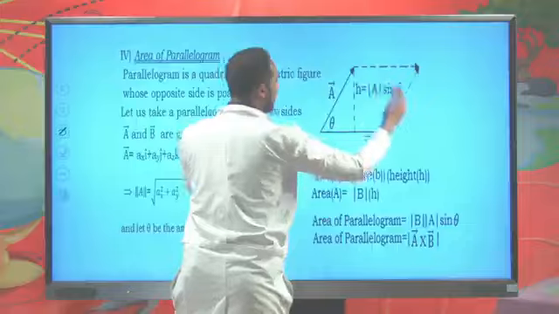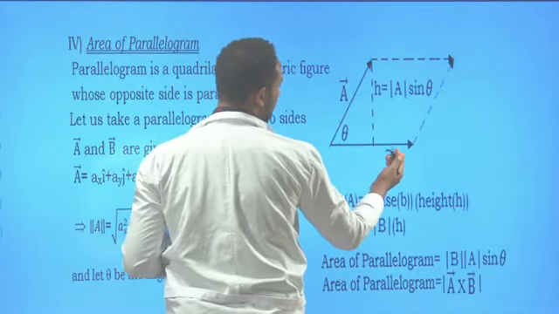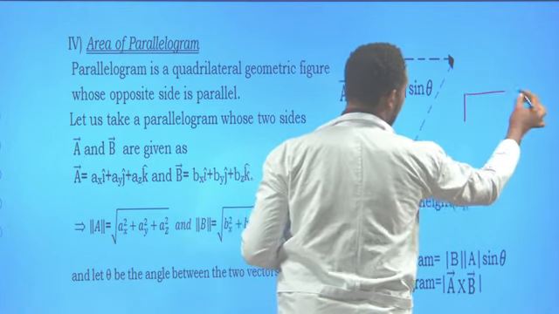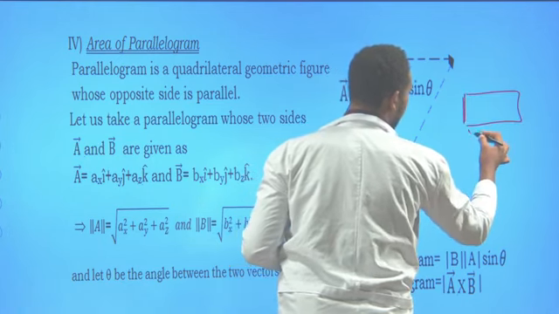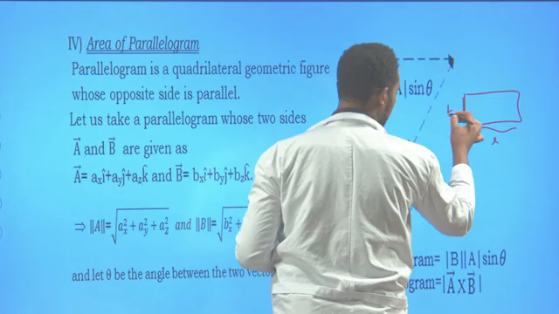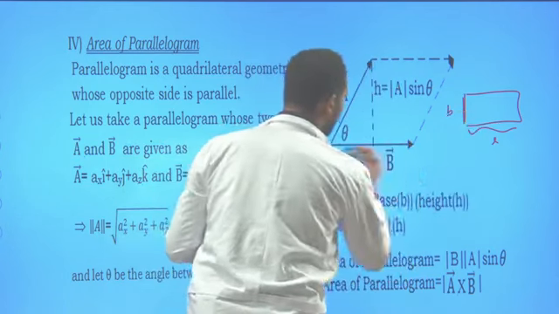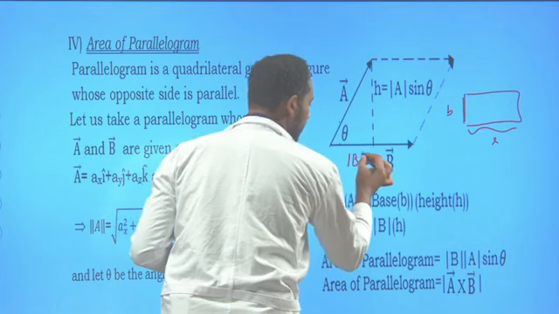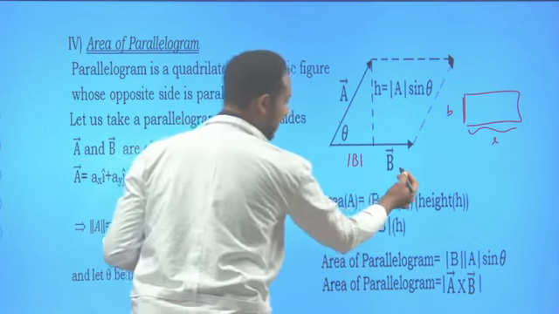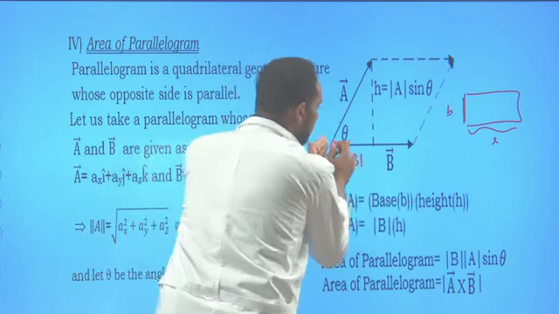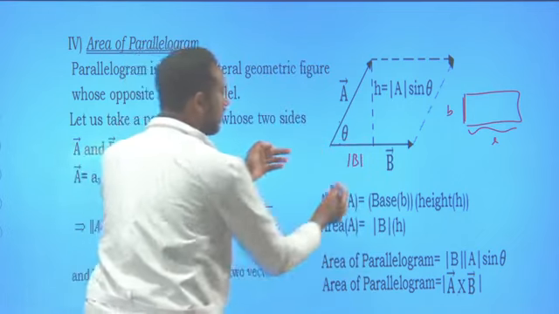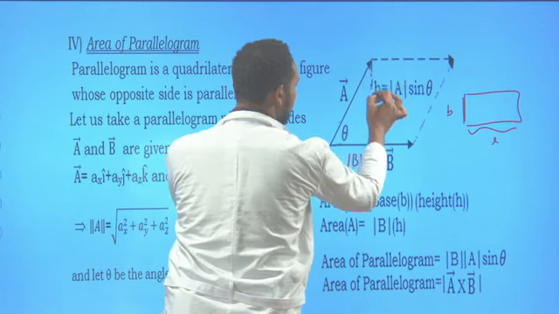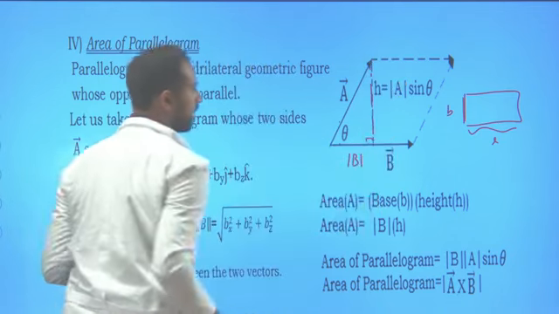To find the area, we know that the area of a rectangle and so on can be determined using the product of its length and its breadth. Here, one of the sides is given by vector B, so the length is the magnitude of B, times the height. You have to drop the height perpendicularly.